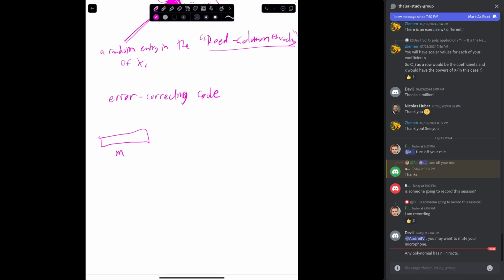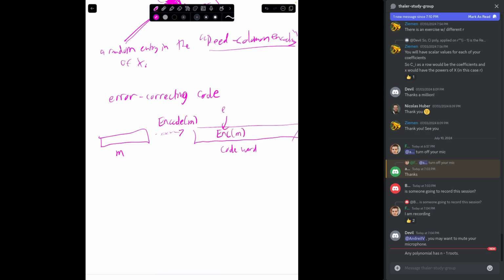What a code will do is take the message and encode it to get out what's called a code word. You might abbreviate this Enc of M, but this Enc is not encryption.